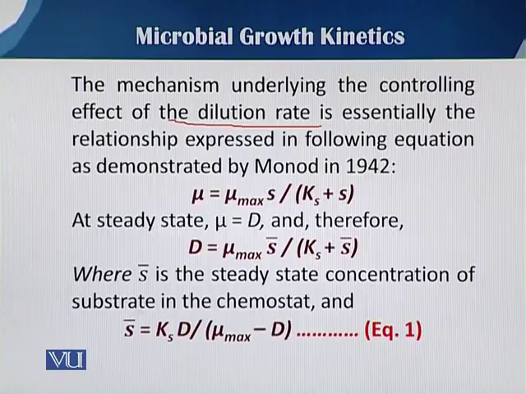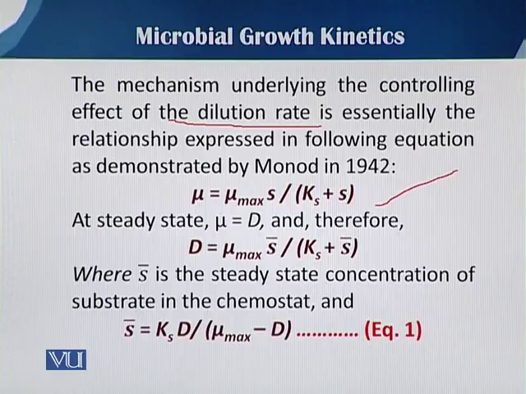We have seen in our previous kinetics modules that the Monod equation is mu is equal to mu max S over Ks plus S. So here we can say that mu max, the maximum specific growth rate, and Ks, which we called the substrate utilization constant, these two parameters are known as Monod parameters.